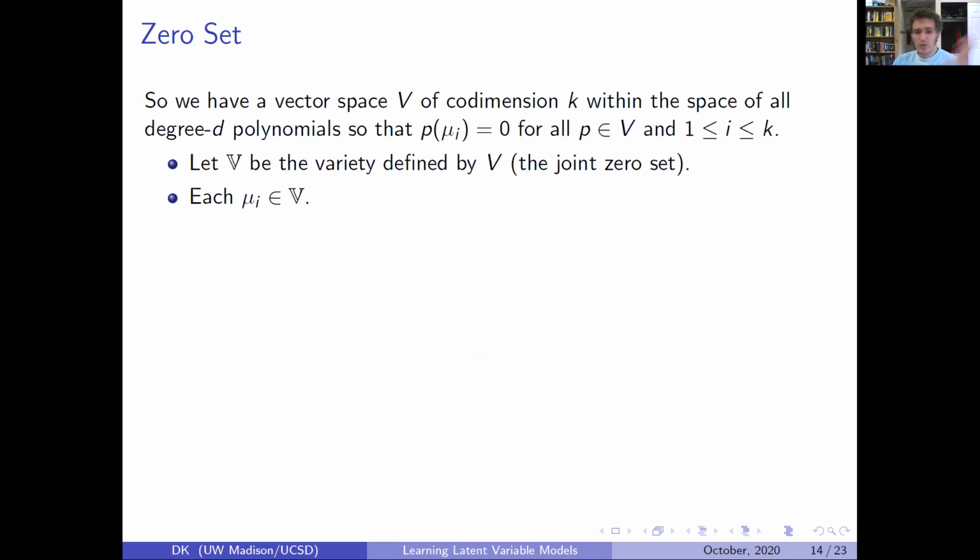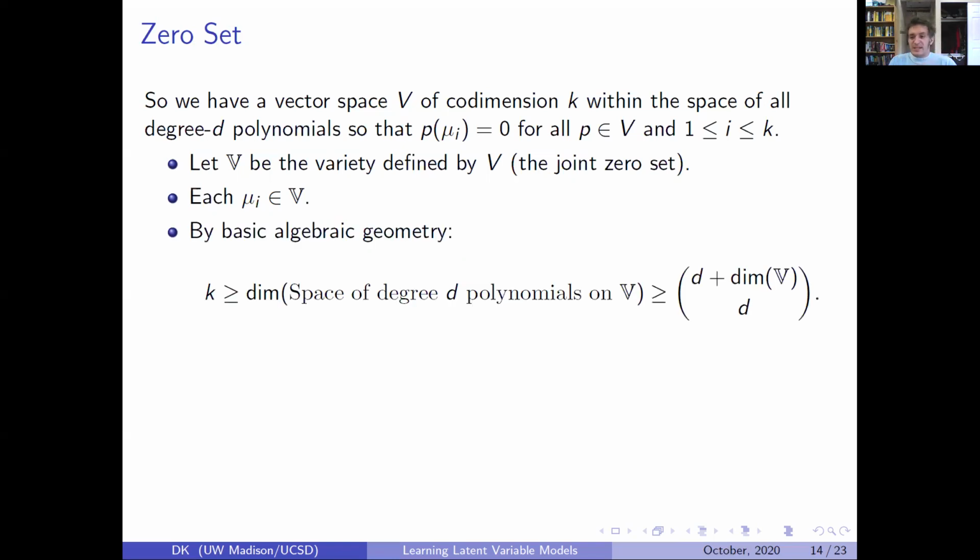So let's let V also denote the variety defined by the set of points where each of these polynomials vanishes exactly. And we know that every mu_i is inside this variety.